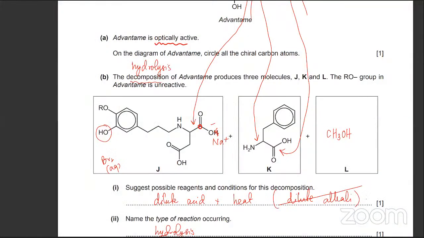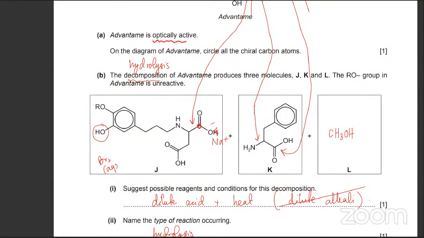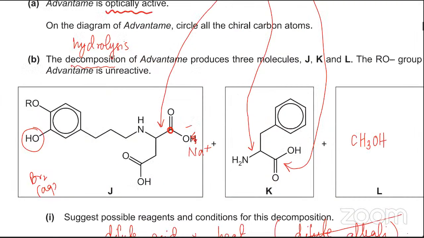So if I were to write bromine, where would the bromine get added? This is position number 2. So bromine will get added at this position, and this is position number 4. I mean, if you take OH as the reference, bromine will get added to this position.